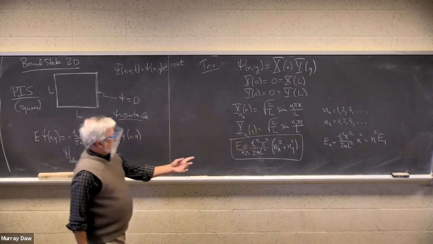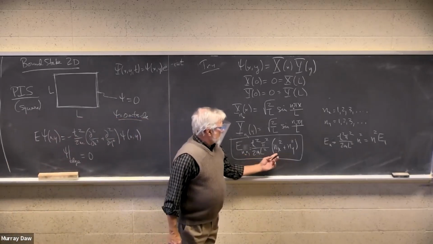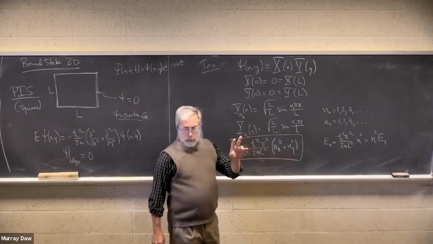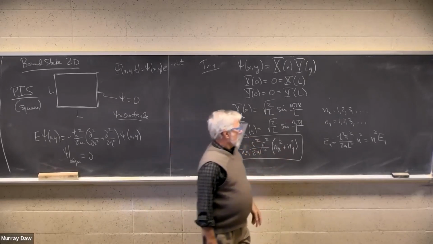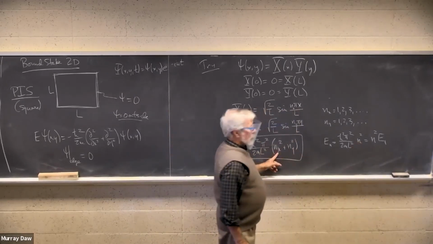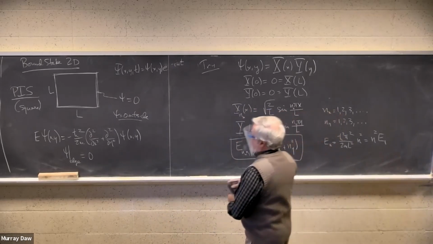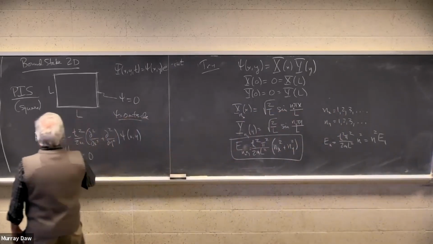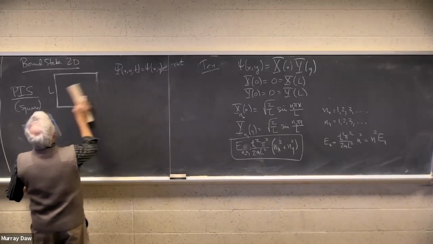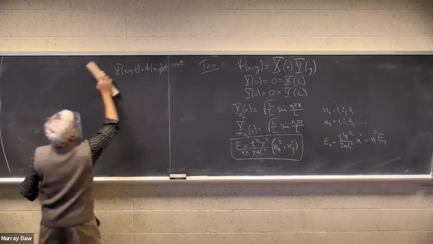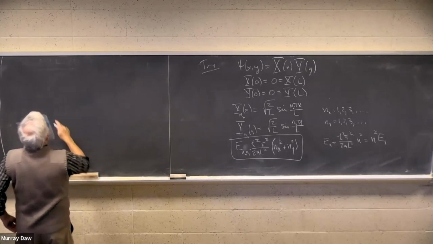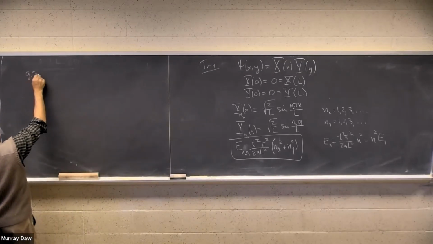Now we've got the energy similar, but it's the sum of 2 squares, not just 1 square. n squared, but we've got an n_x squared and then n_y squared. Okay, so the wave function is just a product of the two particle in the box wave functions. Let's see the ground state.